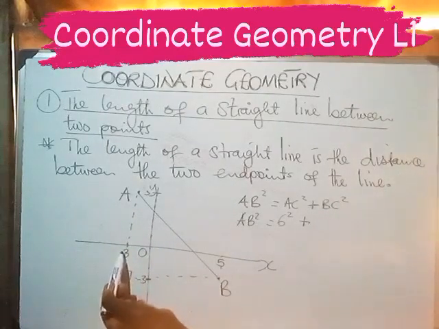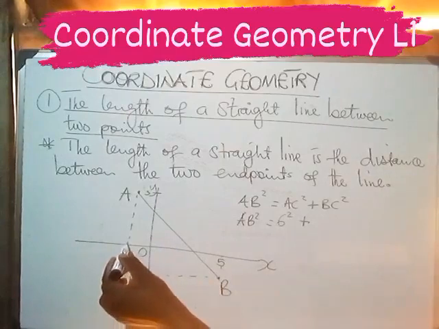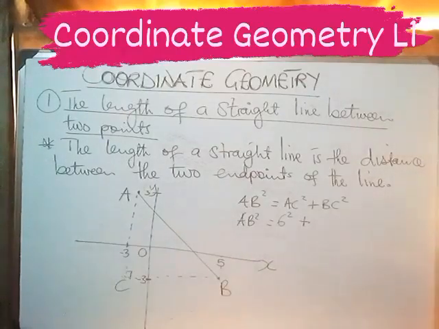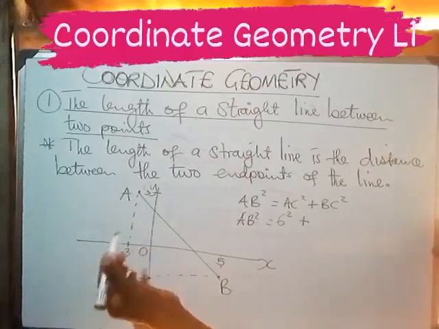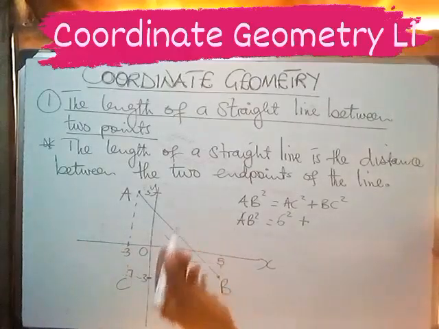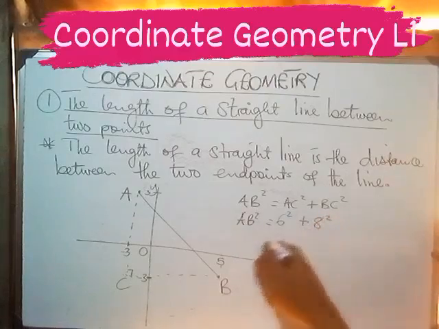From here up to here, it is the same as from this point up to this, since this is the x-axis. How many steps are there? From -3 up to 0, there are 3 steps. Then from 0 up to 5, there are 5 steps. So 5 plus 3, we have 8 steps.